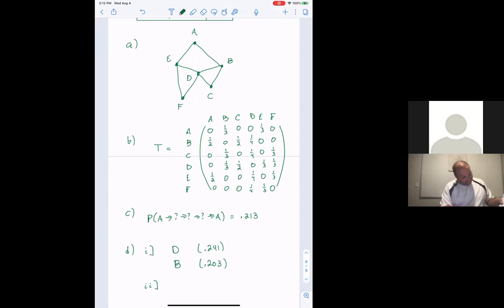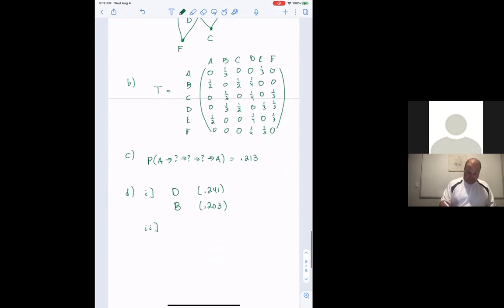B and E, it says 18.75% of the time. Now that doesn't make any sense. That does not make any sense at all. Of course, I have made mistakes before, but I'm pretty sure I corrected it. Let me double check.